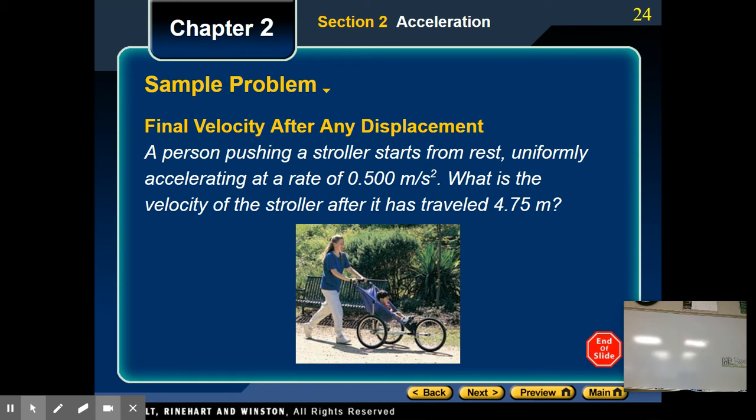So today is going to be all about that fourth and final formula from that table. Okay?